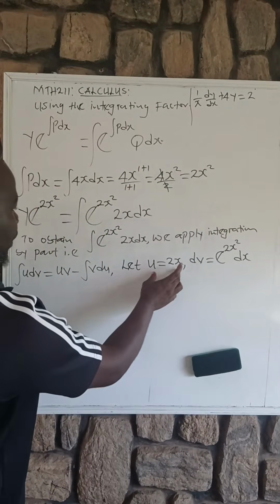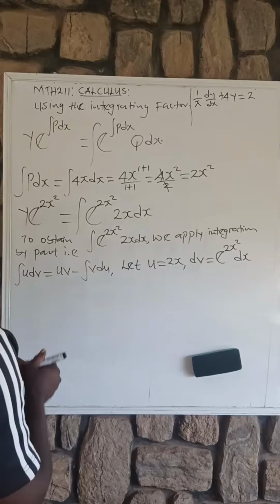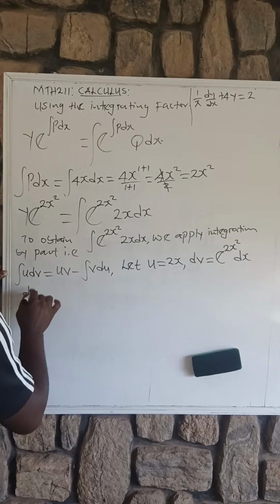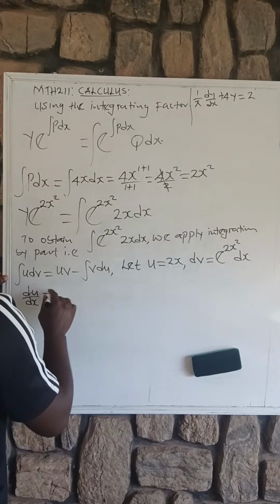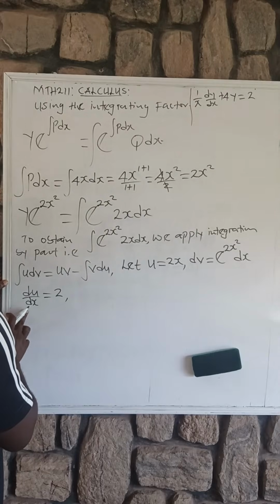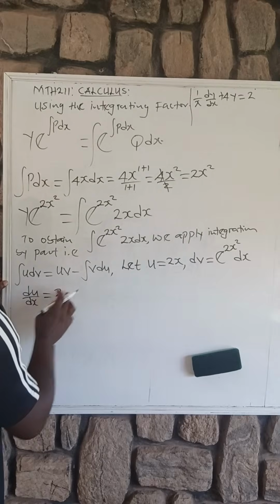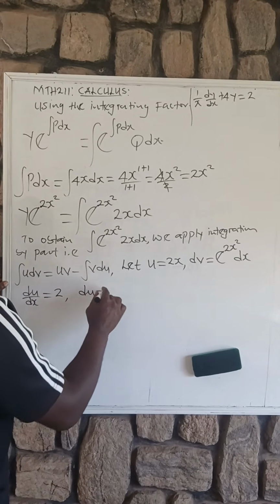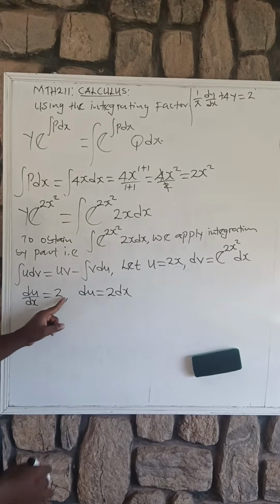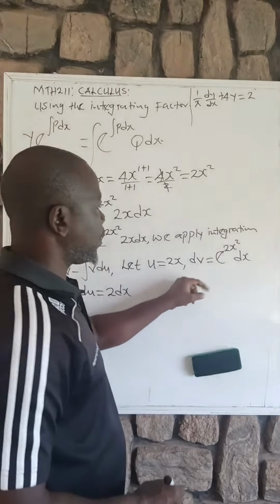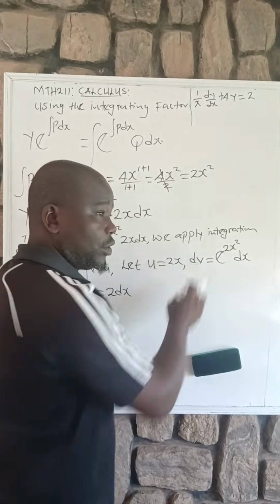So we have to differentiate this with respect to x and integrate this with respect to x. So our du over dx is equal to, when you differentiate 2x, you have 2. Then to obtain du, you cross multiply. It means our du will be equal to 2 dx. If you integrate the dv, you are supposed to have v.